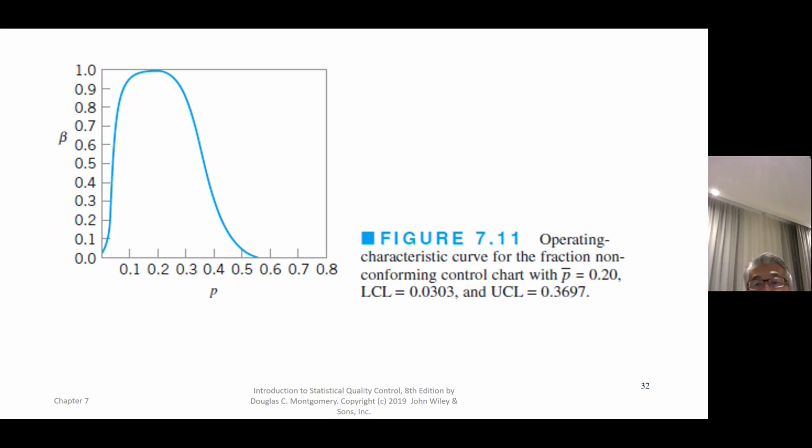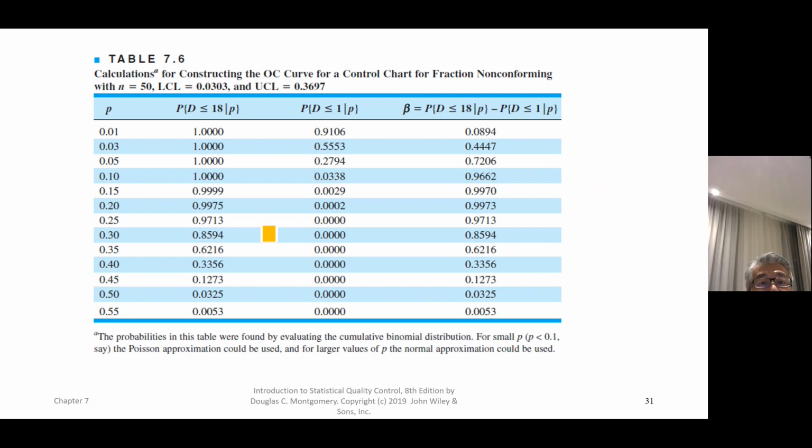So this is the graph we draw, the operating characteristic curve for the fraction nonconforming control chart when p equals 0.2. Right here you can see that beta almost reaches its largest value.